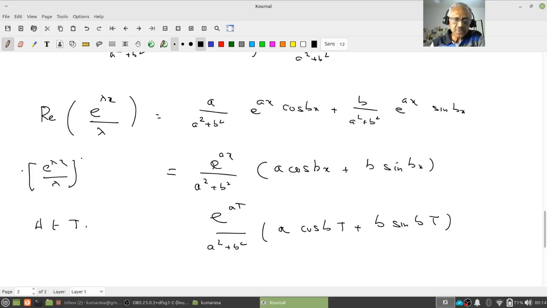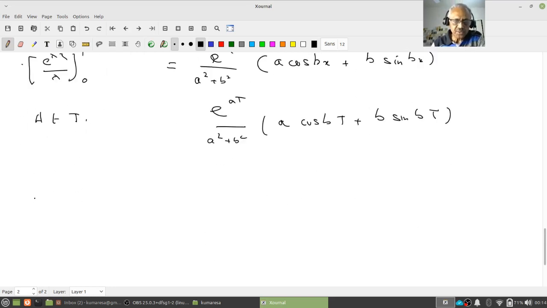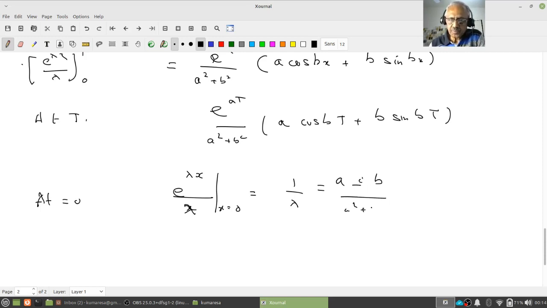This I am supposed to evaluate at 0 and t. So at t I have found it, at 0 I have to find it. At 0 what is this? At x equal to 0, e power lambda x by lambda is going to be 1 by lambda, therefore it's going to be minus ib by a squared plus b squared.